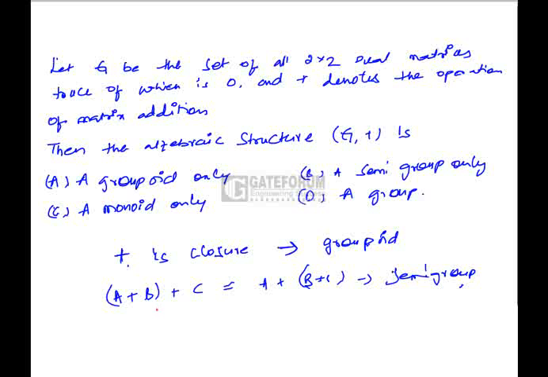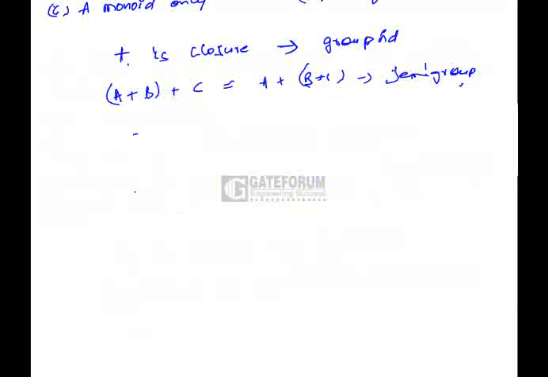Let us check if the given algebraic structure contains an identity element or not. An identity element is such that if B is the identity element, then A plus B should be equal to A. Here A and B are 2 by 2 matrices.